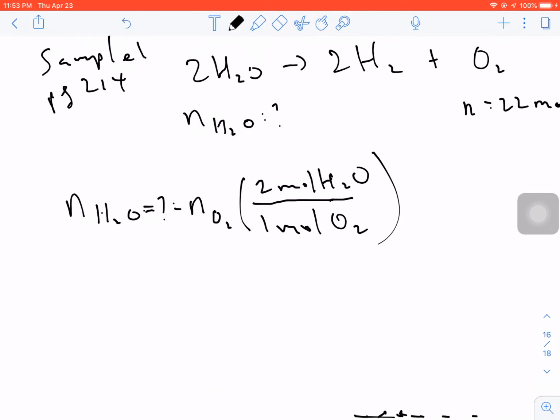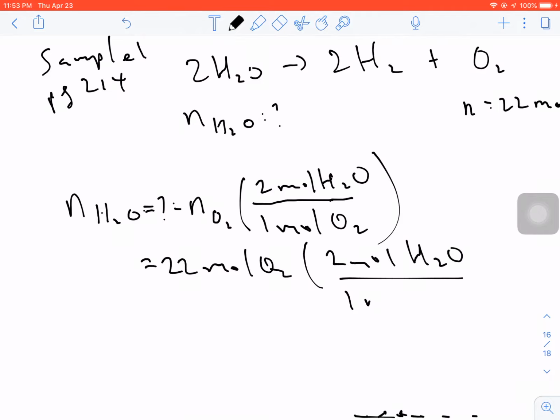So I end up with 22 moles of oxygen times 2 moles of H2O from the balanced equation divided by 1 mole of O2 from the balanced equation, so that my moles of O2, top and bottom, disappear, and I'm left with my units, which are moles of H2O, which is what I'm looking for. How many moles of H2O?